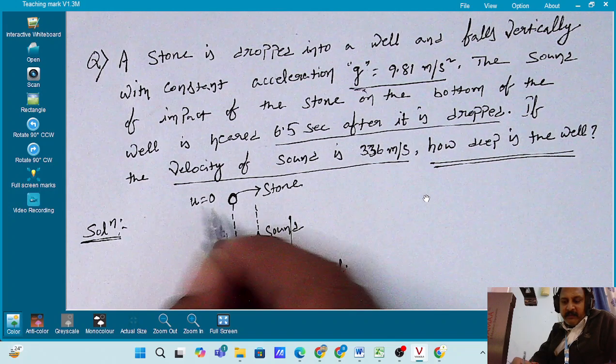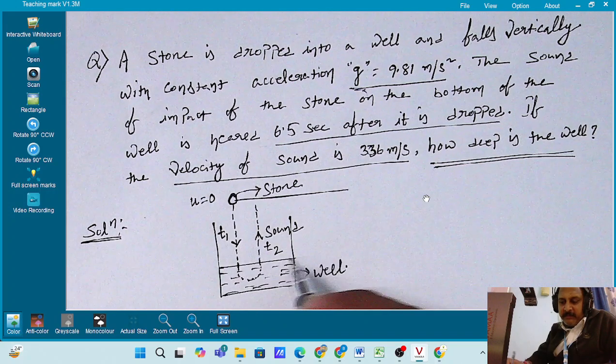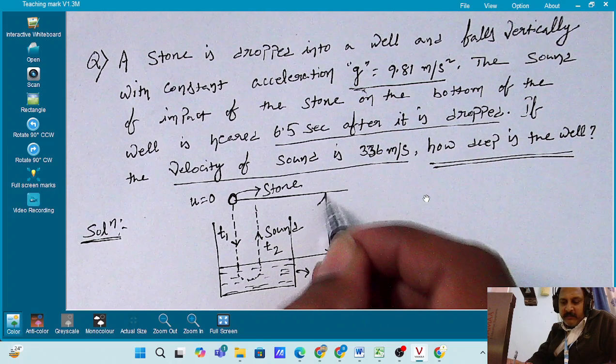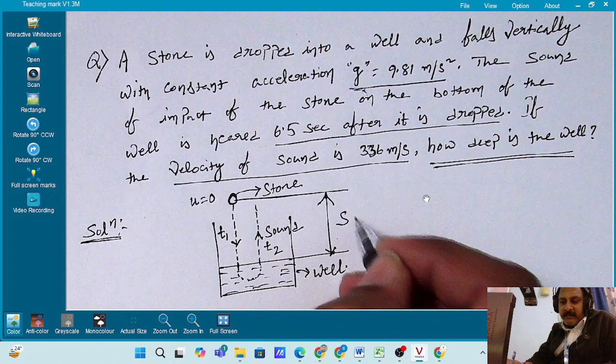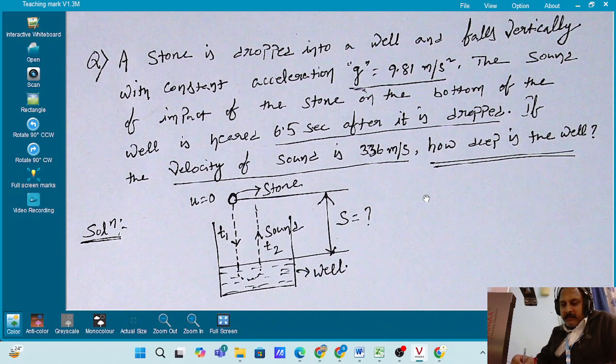Here we have to find the depth of the well as shown in the diagram. We'll consider the depth of the well as S. This S we have to find out.